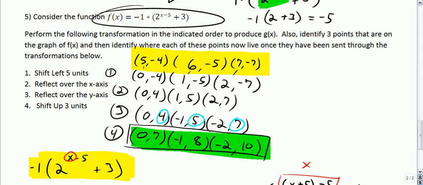Then I reflected over the x-axis, so I changed the sign on all of the y's. Then I reflected over the y-axis, so I changed the sign on all of the x's. And then up 3 units, I added 3 to all the y's.